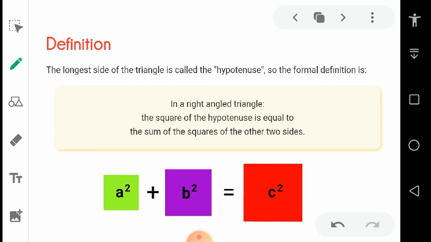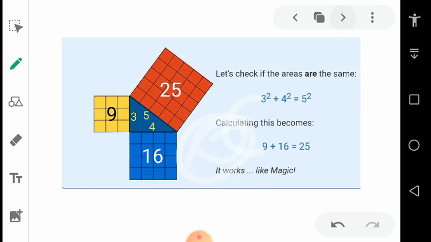It doesn't matter whether it is on the left hand side or the right hand side, so you can write it as C square equals A square plus B square, or A square plus B square equals C square. This concept can be used to find the length of the sides in a right angle triangle.